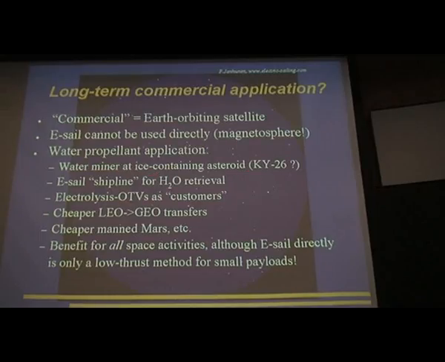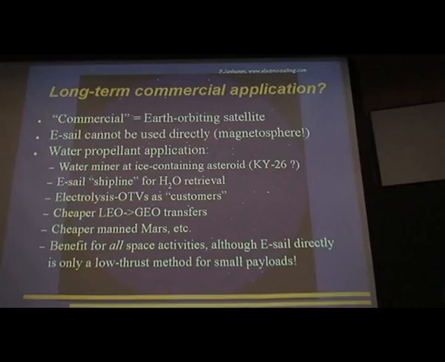Water is important because once decomposed into hydrogen and oxygen, it is rocket fuel. So one could manufacture rocket fuel on orbit, and thereby one could cheapen these satellite launches to geostationary orbit and elsewhere. Because then one doesn't have to lift the propellant from Earth, but one just lifts the payload and gets the propellant from these extraterrestrial sources.